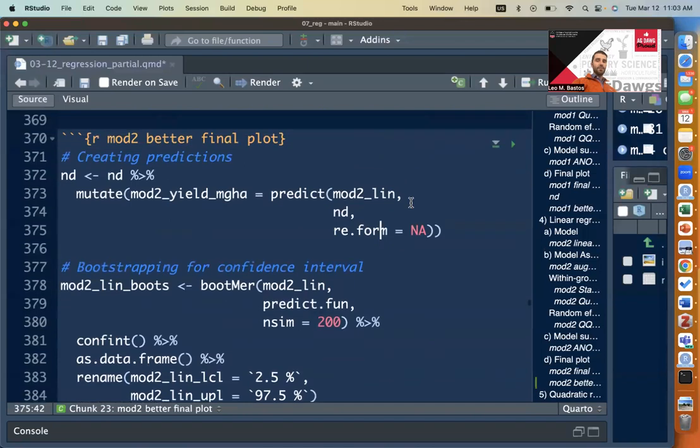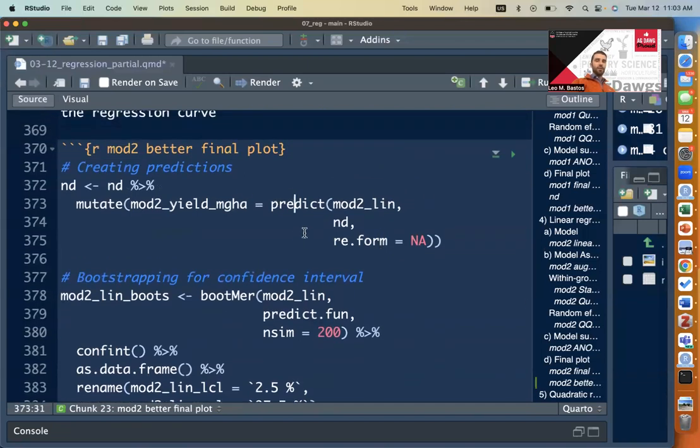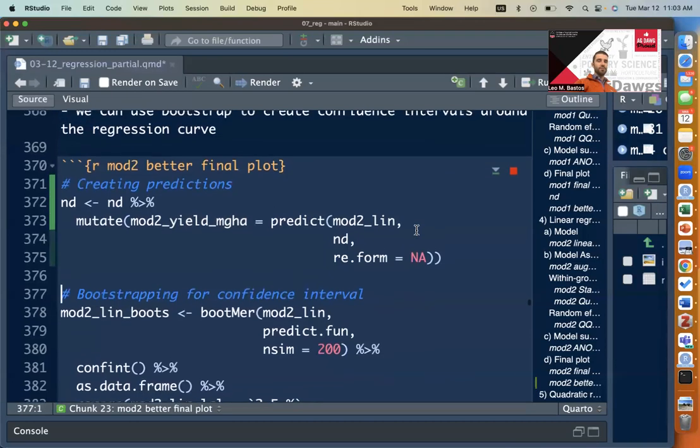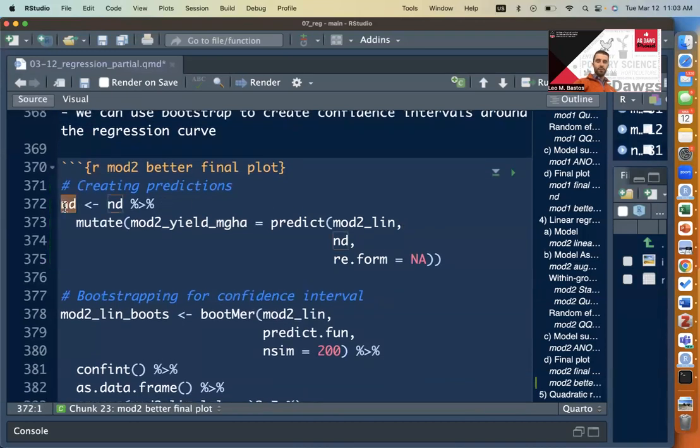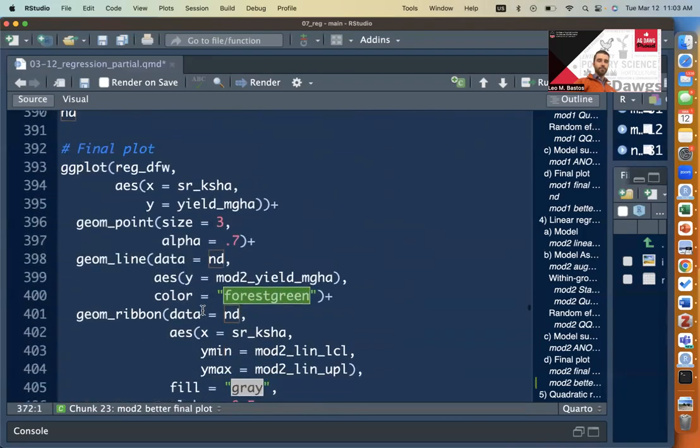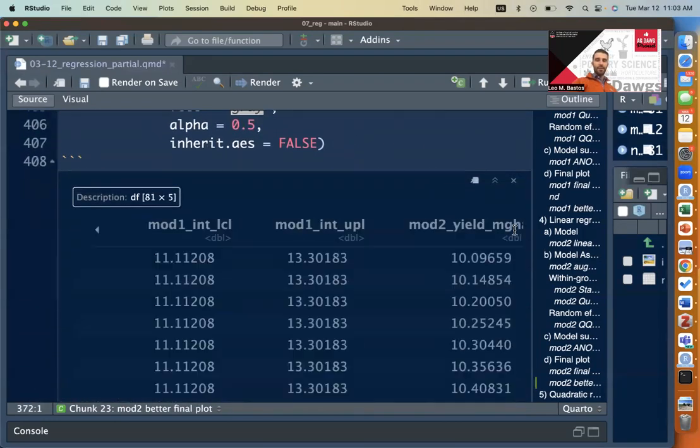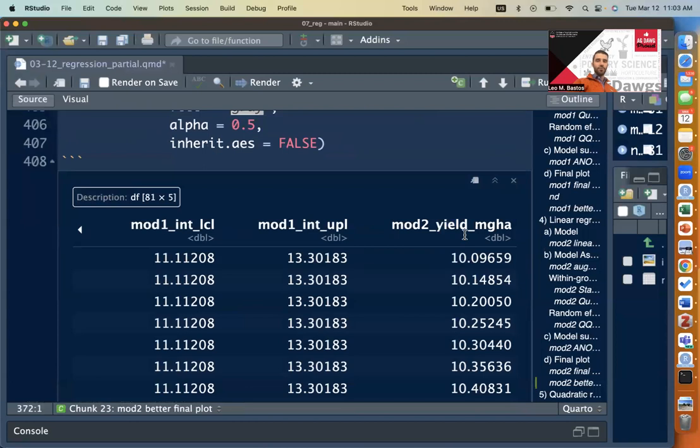To do the estimate, we're just using that first part where I'm predicting. I'm calling this column mod 2 yield megagrams per hectare, predicting model 2 just like we did before. So if you just run this first part of the code and you print ND, in the end you're going to have your model 2 prediction of yield.